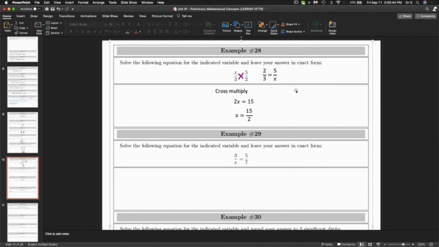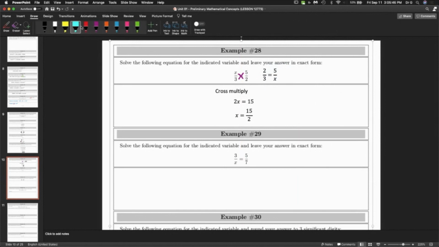Yeah, it's the same thing. So I want to point out a very valuable thing. Yeah, it's still the same answer. See, if you cross multiply, the 2 and the x still stick together, and the 5 and the 3 still stick together and become 15.